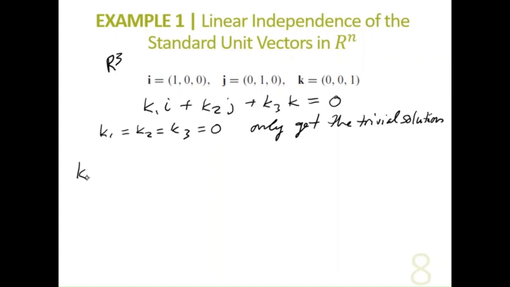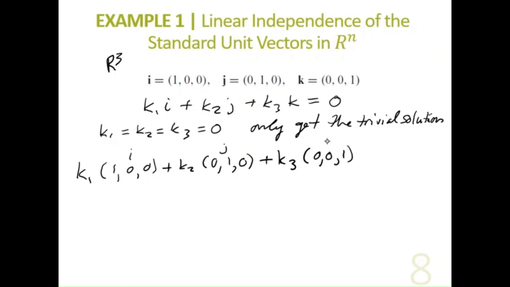We'd have k1 times our standard unit vector i, that's (1, 0, 0), plus k2 times (0, 1, 0) for our j, plus k3 times (0, 0, 1) for our standard unit vector k. And then we set that equal to 0, in component form (0, 0, 0). And then we go ahead and solve this.